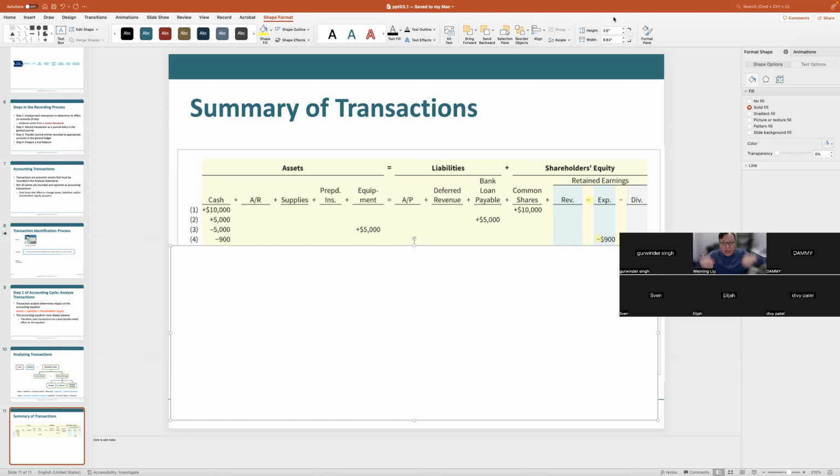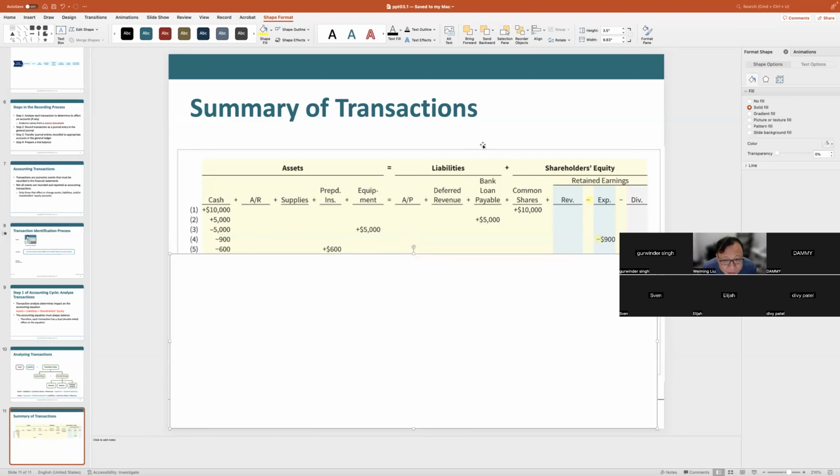So the equation is still balanced. You paid one expense, so the expense is $900. This one, you paid $600, you purchased insurance, prepaid insurance, $600.